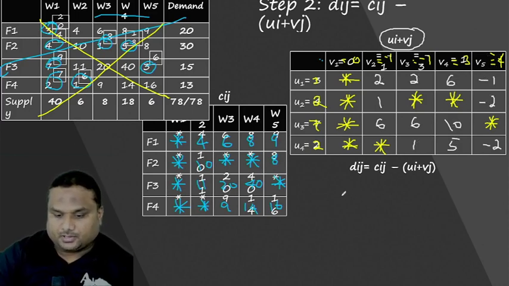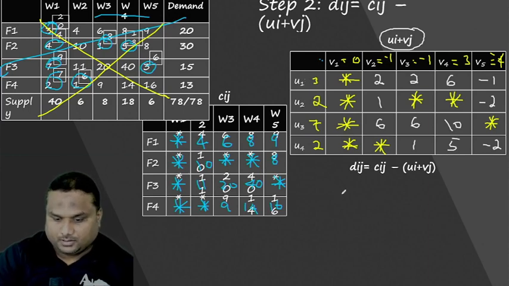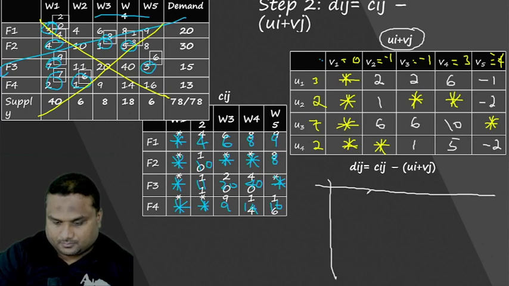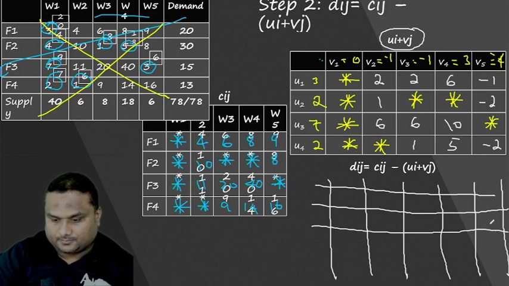I think one more column. How many rows? Four.